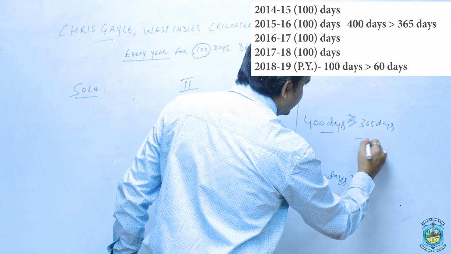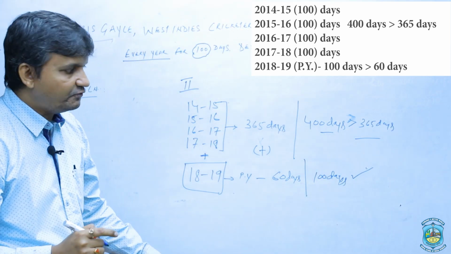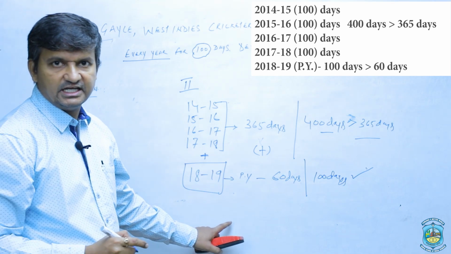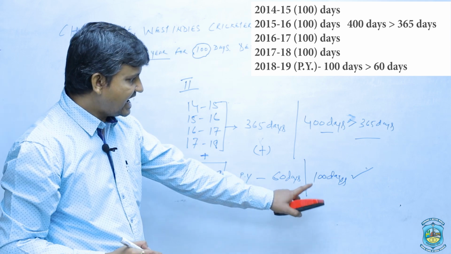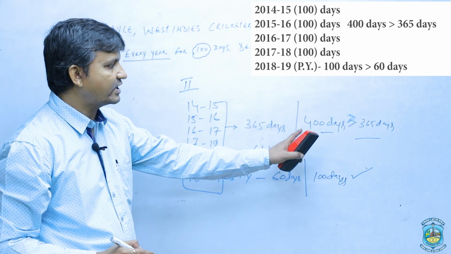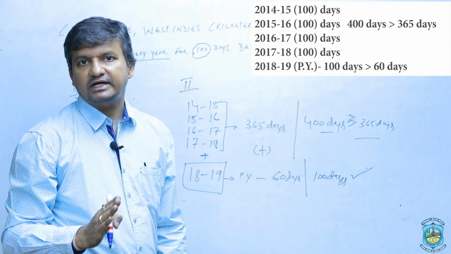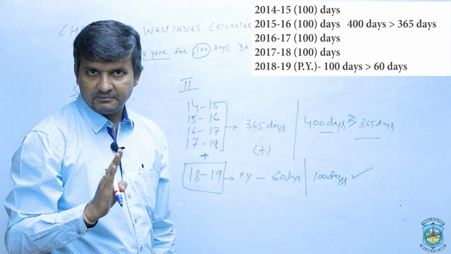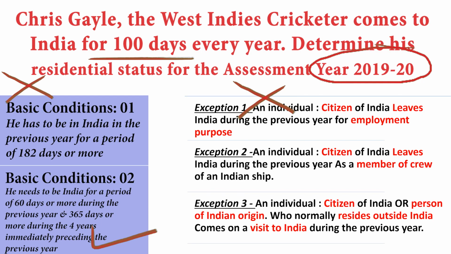It means Chris is fulfilling the second basic condition. In the previous year he is here for more than 60 days, and in the preceding 4 years he is here for 400 days, which is more than 365 days. So Chris becomes resident in India because he fulfills the second basic condition.